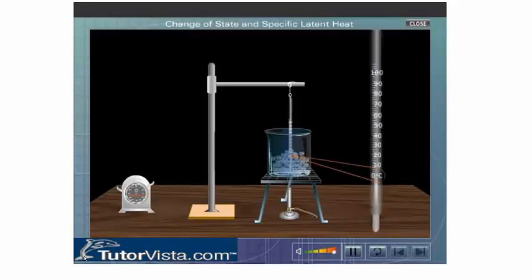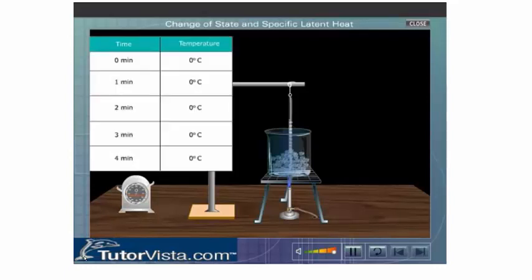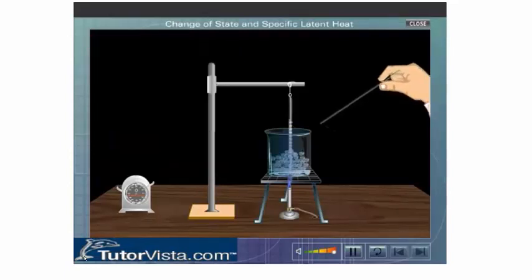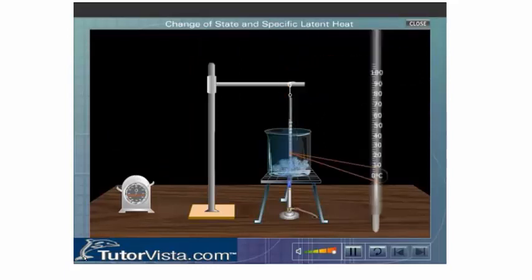Heat the ice cubes. Record the temperature after every minute. Keep stirring the ice-water mixture constantly so that the temperature is uniform throughout. We observe that the thermometer reading remains constant at 0 degrees centigrade, though heat is being constantly supplied. The temperature remains constant till the ice completely melts to water at 0 degrees centigrade.